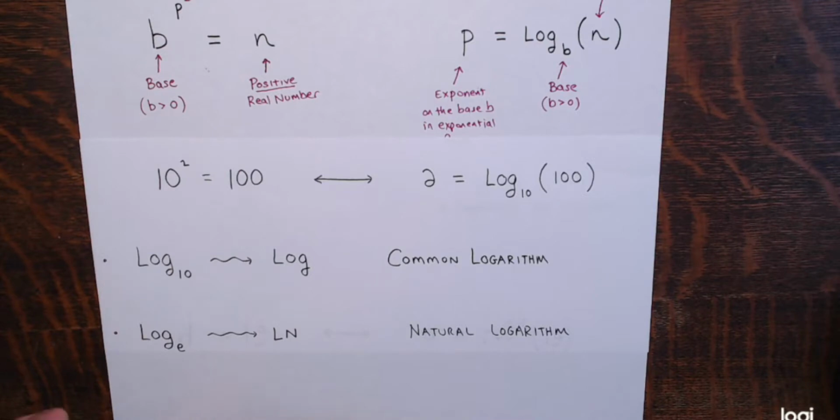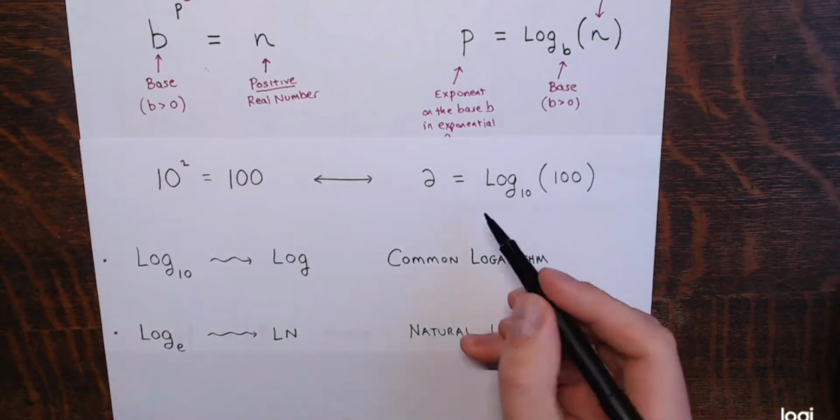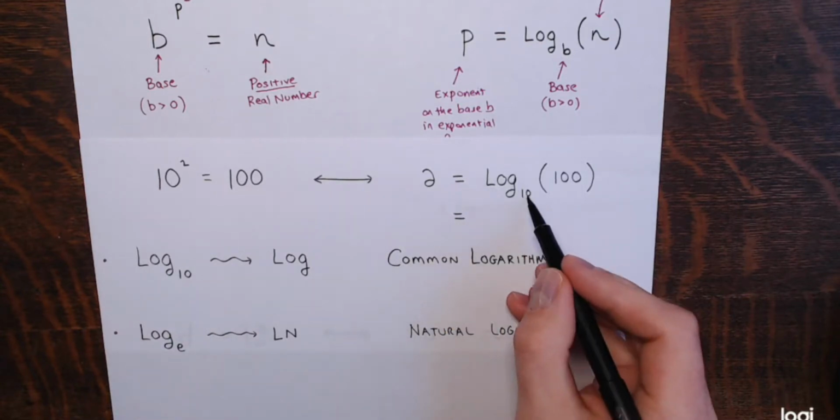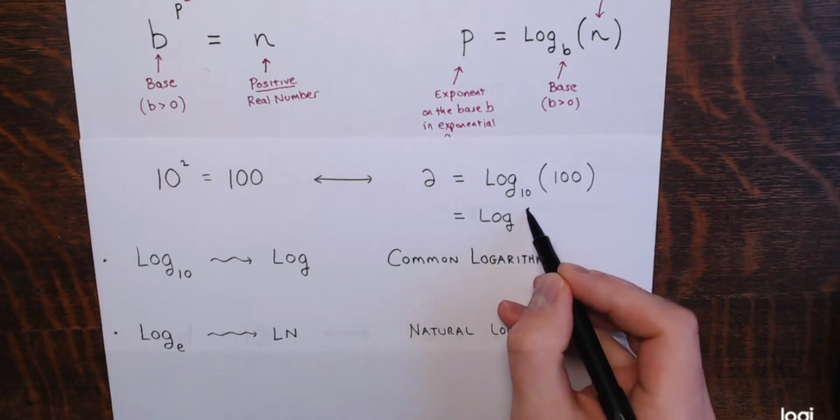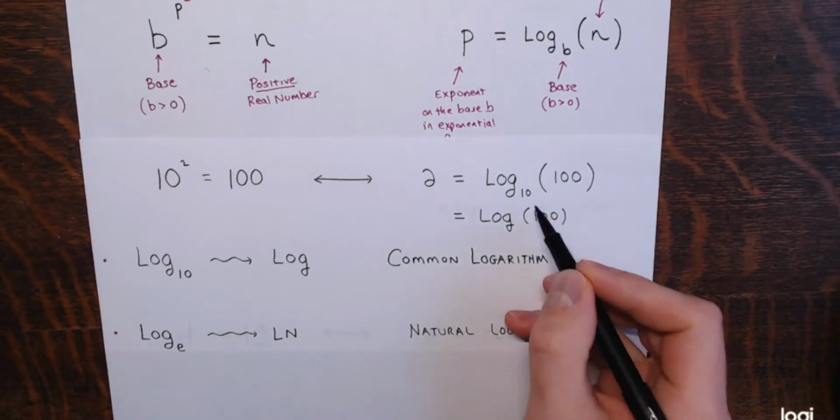My French is terrible, but you're going to see ln when they really mean logarithm base e. And if you just see log with no base, that means you're in base 10. Please know this. So instead of writing log base 10 of 100 like this, you're going to see log of 100. Right, and they're the same thing.